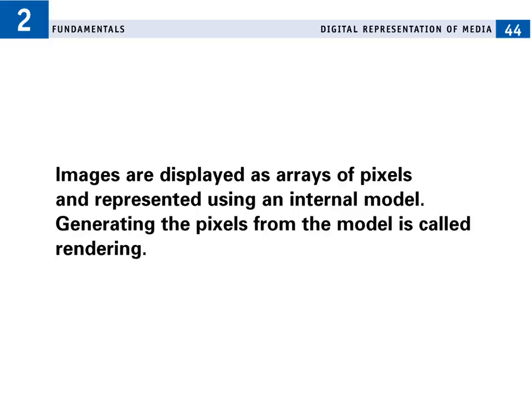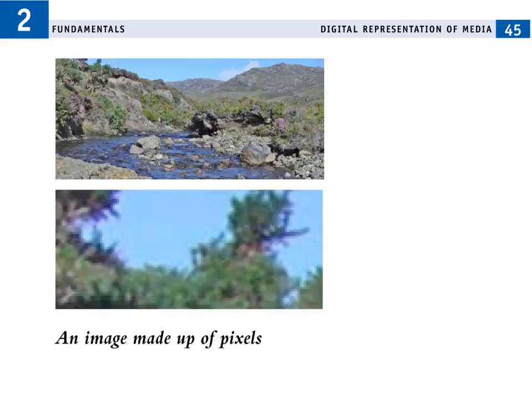For example, when you show the image on the screen, we call it rendering. We render images by using the array of pixels. Basically it's a 2D array, and each element in the array is a pixel.